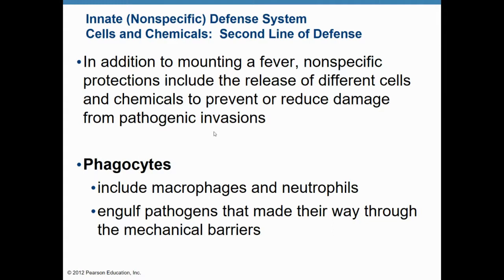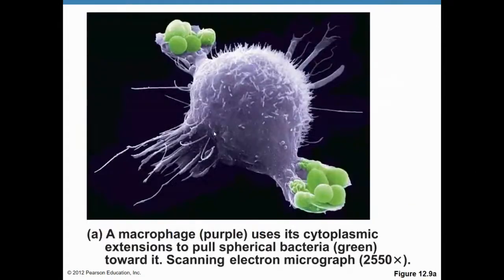One of the cells that plays a role in our second line of defense is our phagocytes. Phagocytes include both macrophages and neutrophils. These are capable of engulfing pathogens that have made their way past our primary barrier, right? Our intact skin and mucous membranes.